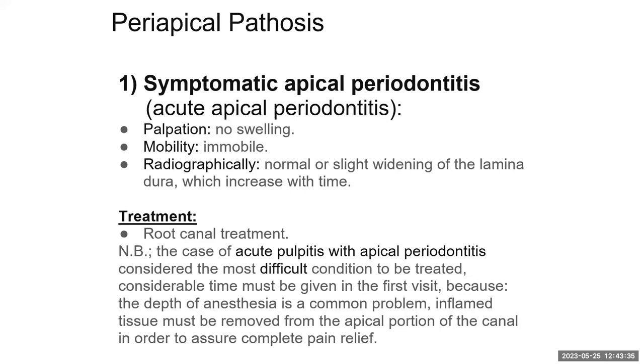So if I recognize and distinguish the case as an acute apical periodontitis, I should tell the patient about this scenario and might give the patient a systemic analgesic before the visit. I need to give an intrapulpal or intraligamentary or even a block anesthesia to ensure potency of the anesthesia and profound anesthesia.